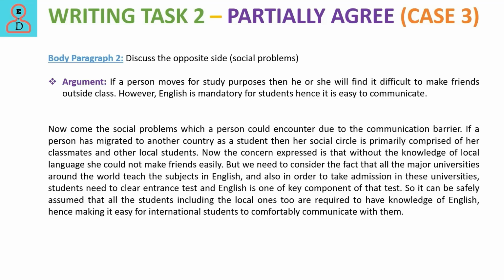Watch very carefully. Here again we have started with the social problem which the migrant could face. Now, since we said that this should not be the case, we have to counter this point with the argument which we have done here with an example.